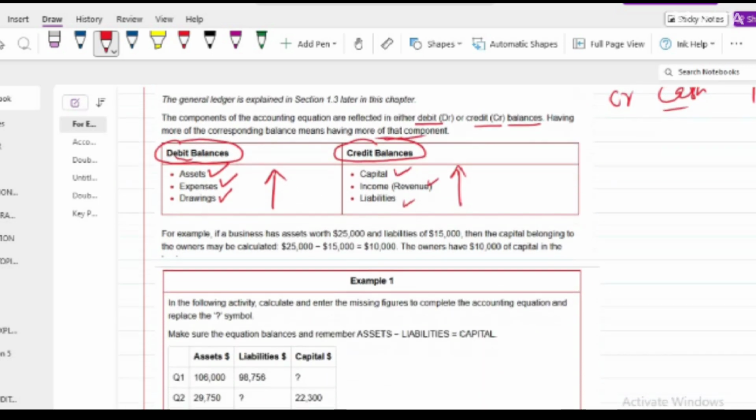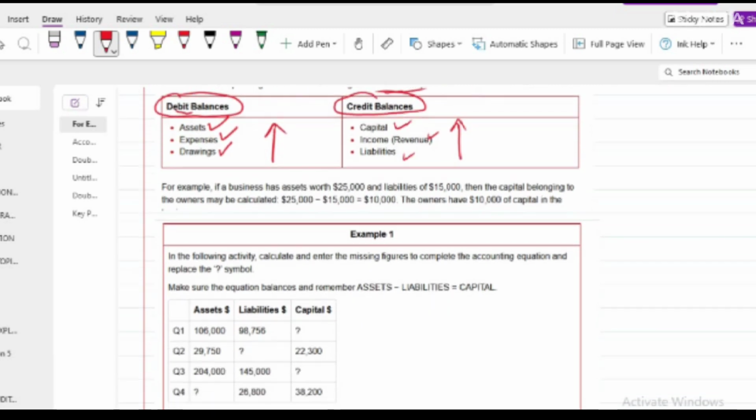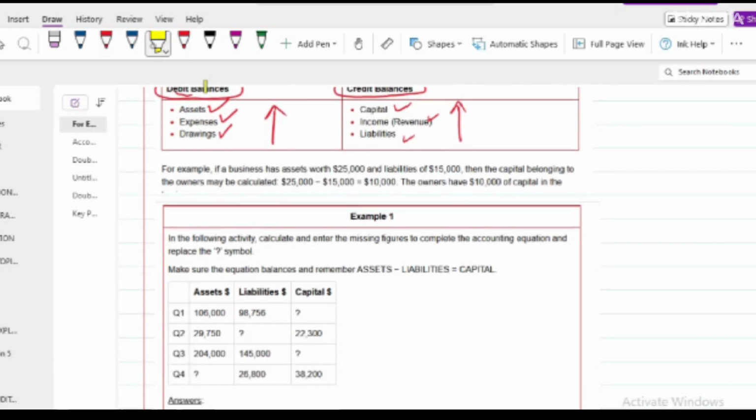One by one we'll discuss. The first example: if a business has assets worth $25,000 and liabilities of $15,000, then the capital belonging to the owner may be calculated as the assets less the liabilities. Let me show you how this works.